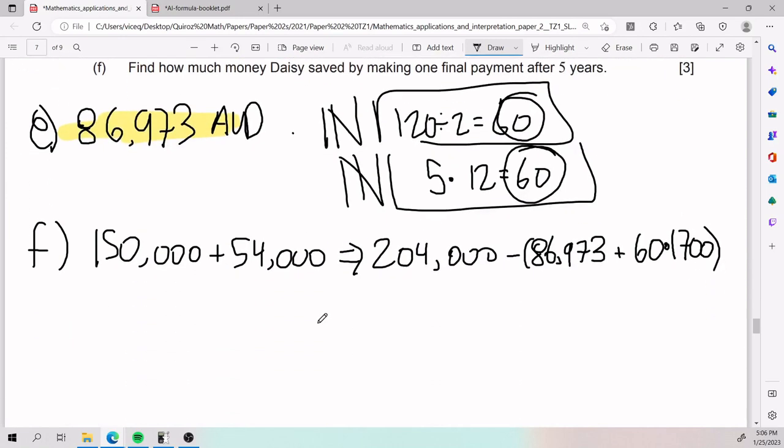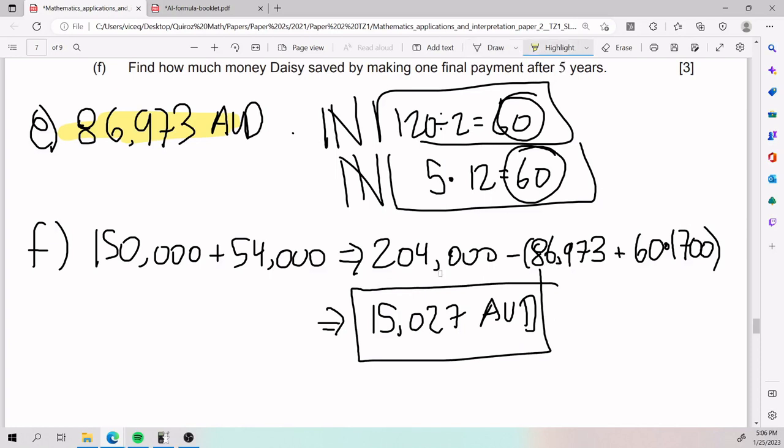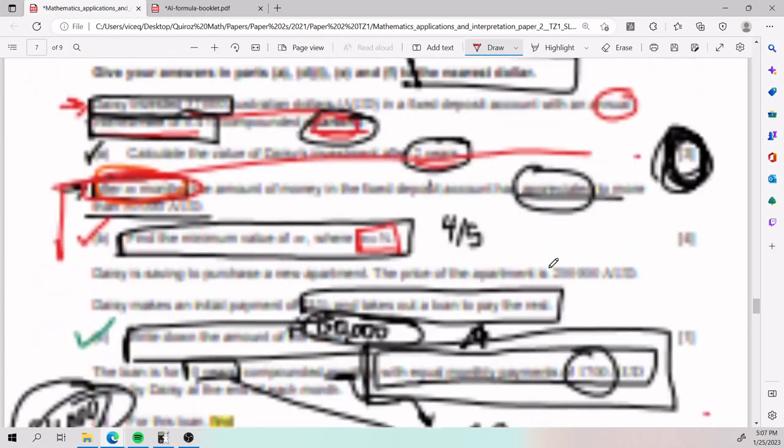So that being said, you go ahead and calculate that. You end up with 15,027 AUD. I think the hard part here is noticing that you need to find out this number, 204,000, and understanding that you have to subtract both things over here. Not just one of them, it has to be both. So that is for number 3.